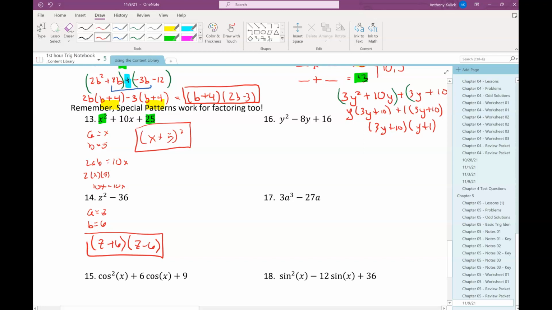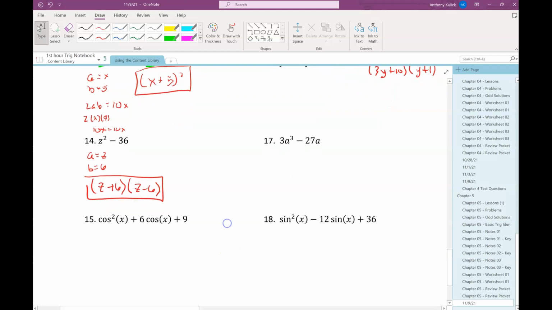Those are the gimmies. You should be able to knock those right away, where the A is Z and the B has got to be 6. What do you guys think? Not too bad.